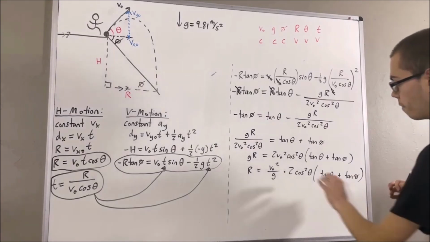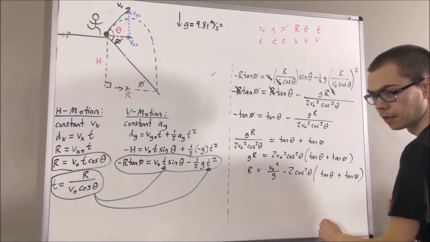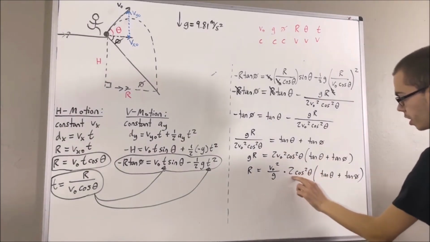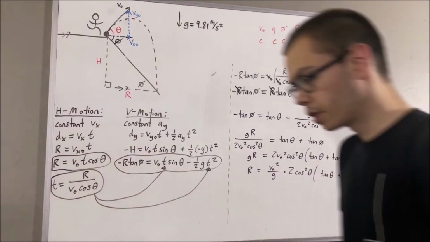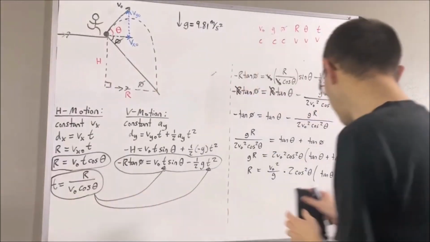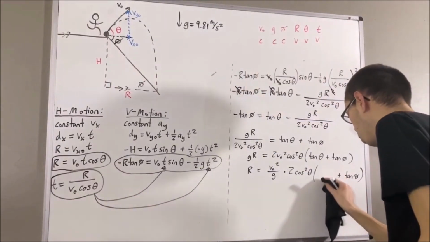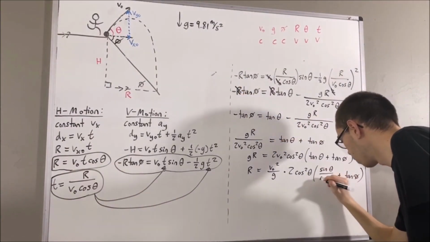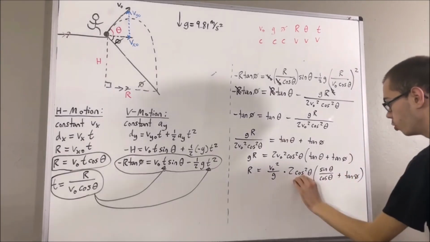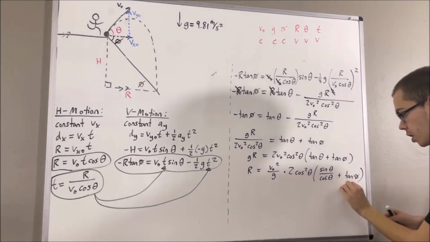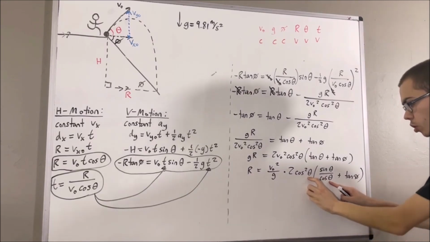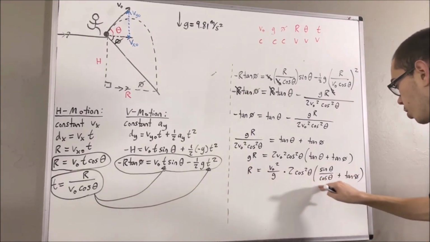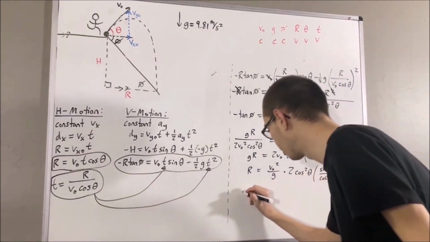Now notice, I've re-expressed this in a different way, because we're going to distribute 2 cosine squared theta across this parentheses. Now remember, tangent of theta is equal to sine theta over cosine theta. So when we distribute 2 cosine squared theta across this parentheses, we see that cosine squared theta divided by cosine theta is equal to cosine theta.